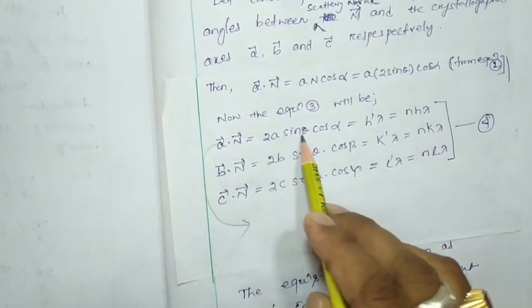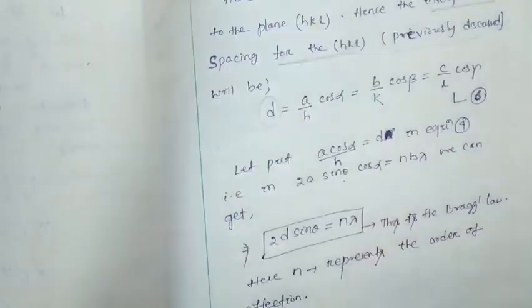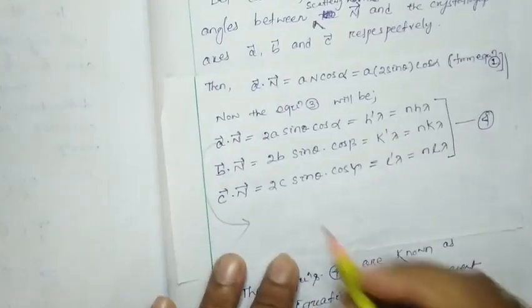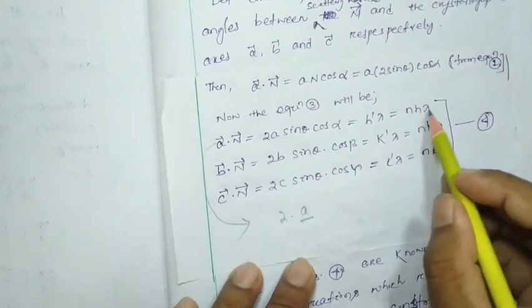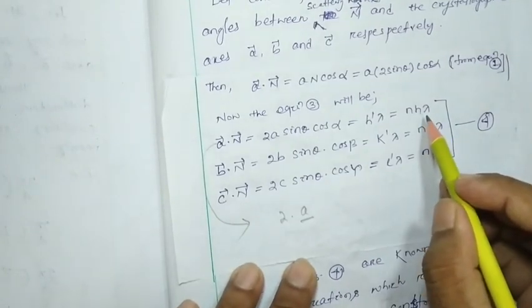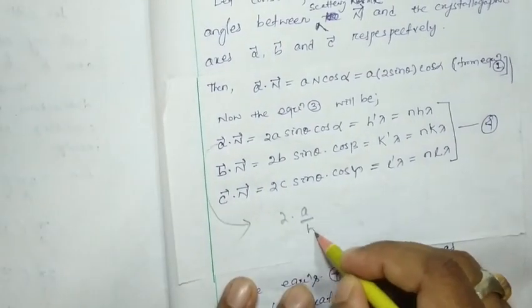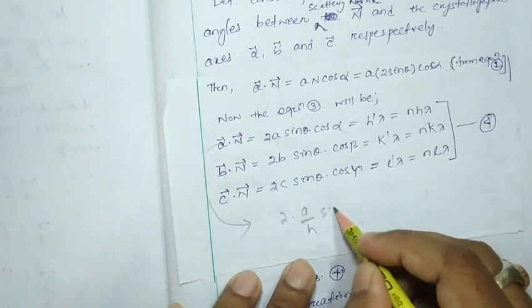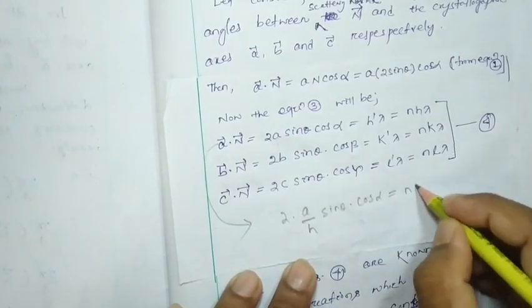This equation will be 2a sin theta cos alpha equal to n h lambda. So here we have to put a cos alpha by h. Taking h over here, it will be a by h, sin theta into cos alpha equal to n lambda.